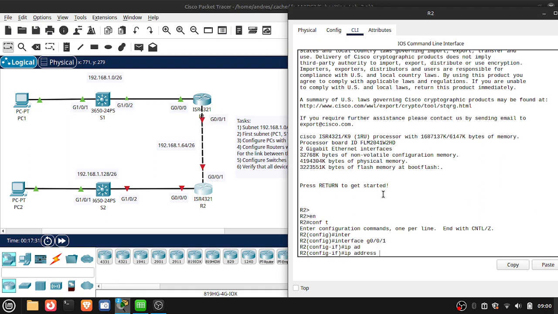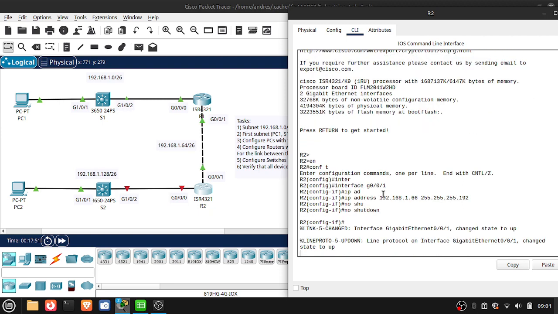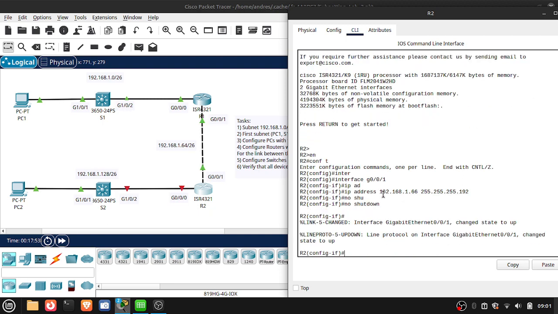IP address, we said it's going to be the network, then the next one. If that was 65, this is going to be 66, and the next mask. That's it. Now no shutdown, and we have our link up and green, so it's okay.